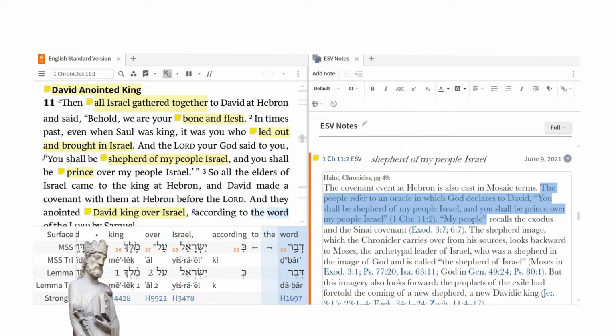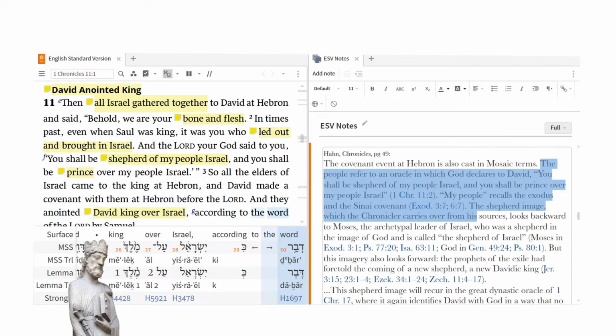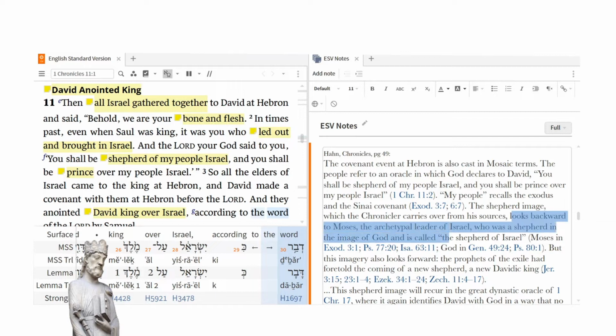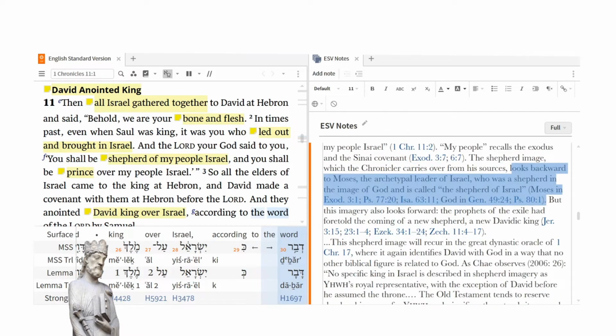My people recalls the Exodus and the Sinai covenant, Exodus 3:7 and 6:7. Let my people go, and that kind of language shows up a lot in Exodus. The shepherd image, which the chronicler carries over from his sources, looks backward to Moses, the archetypal leader of Israel, who was a shepherd in the image of God and is called the shepherd of Israel. And here he lists a number of times that happens.